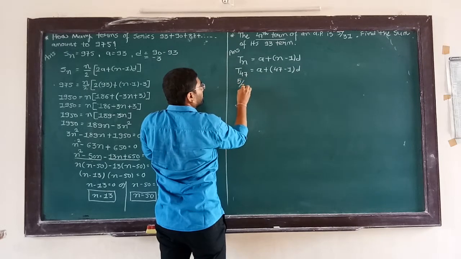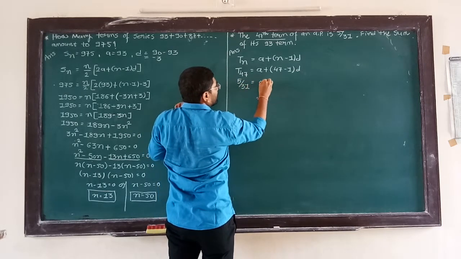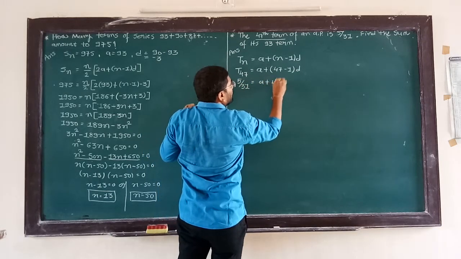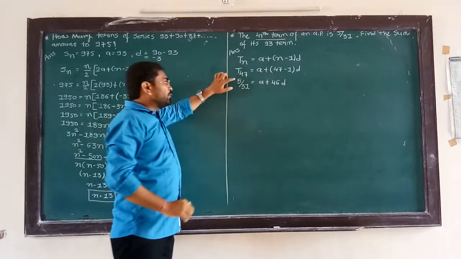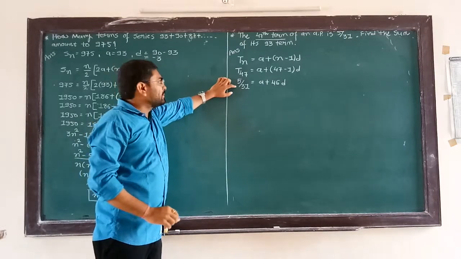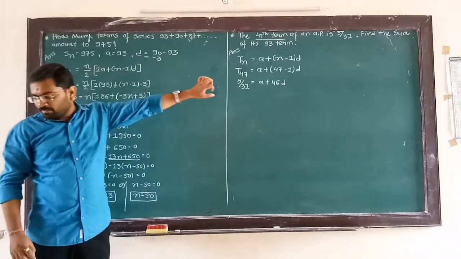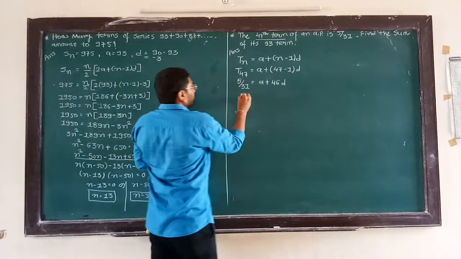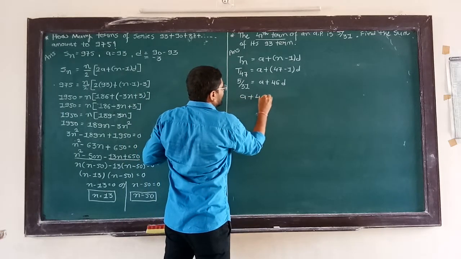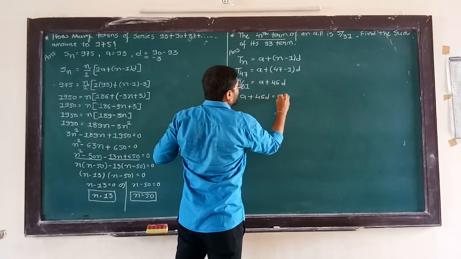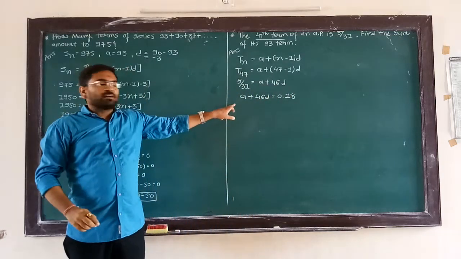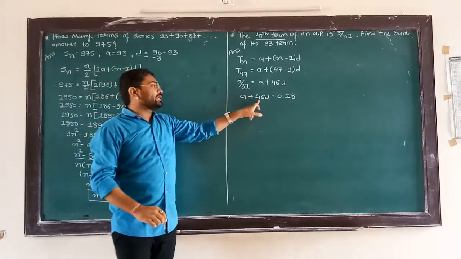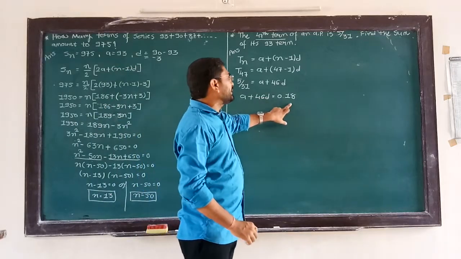Then write 5 upon 31 is equal to a plus 46d. Now the fraction is converted into a decimal: 5 upon 31 means a plus 46d is equal to 0.18. Here one equation is obtained: a plus 46d is equal to 0.18.